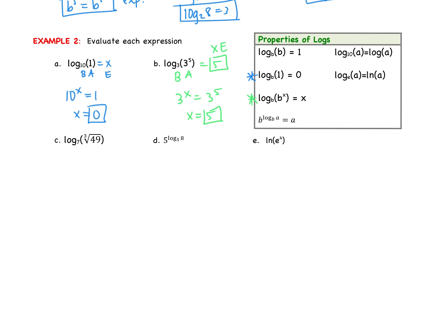So let's jump in. Like I said, this one's a little bit tougher, but I hope that we could at least switch forms correctly. Set equal to x, then we have base, argument, exponent. We get 7 to the x is equal to the cube root of 49.